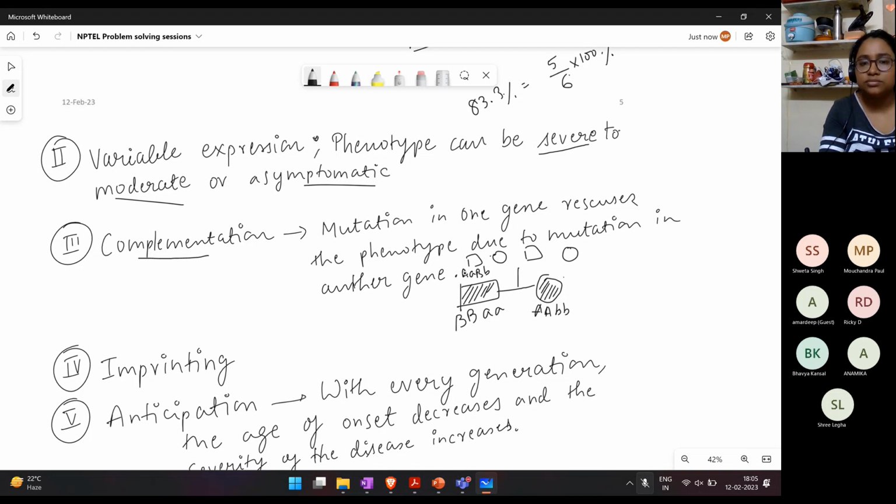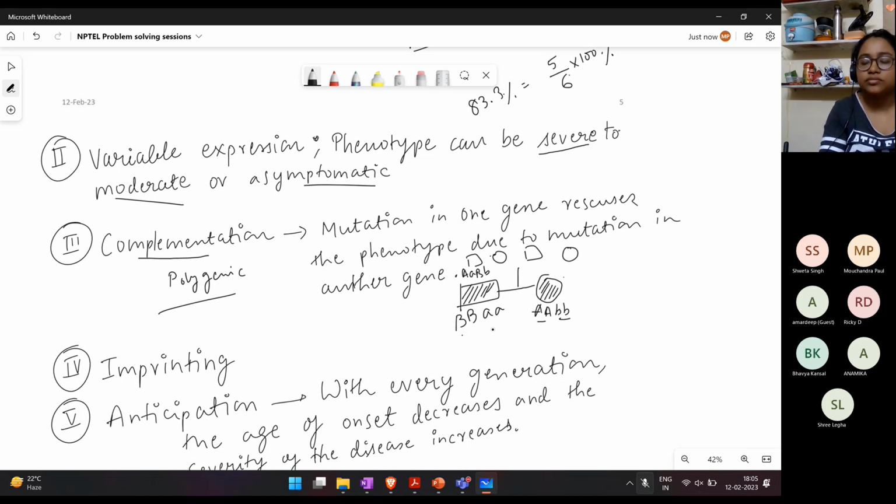You can get various kinds of genotypes from the Punnett square, which shows that the mutation in one gene, here B, or the mutation in A, is rescuing the phenotype caused by the mutation in the other gene. So mutation in one gene rescues the phenotype due to the mutation in another gene. This is possible when we are talking about polygenic disorders.